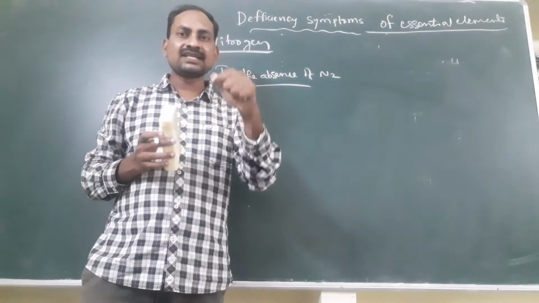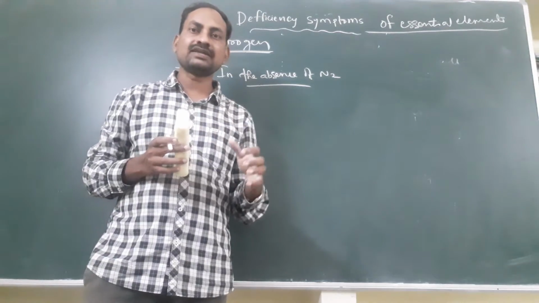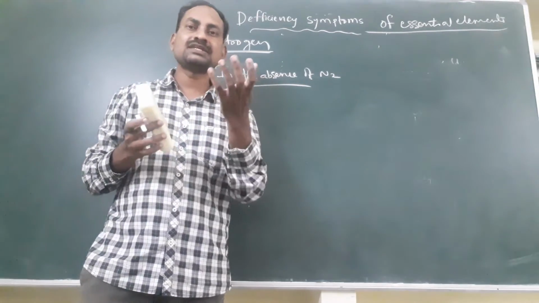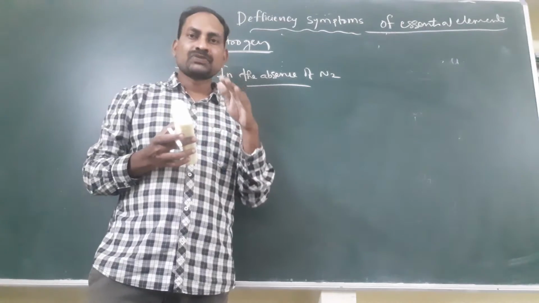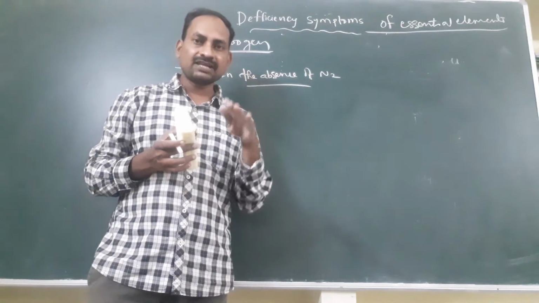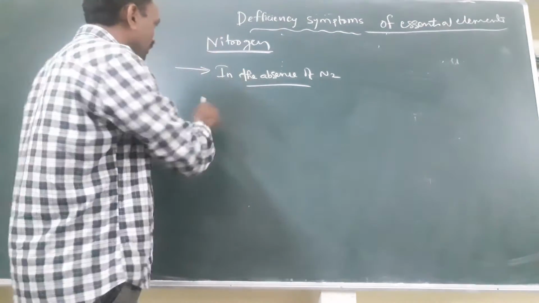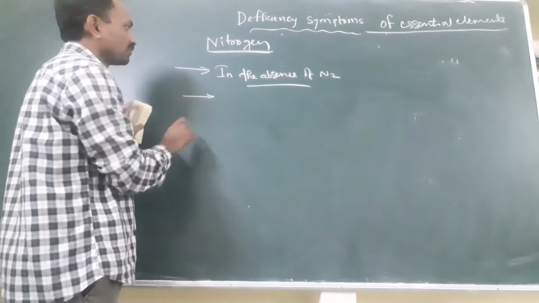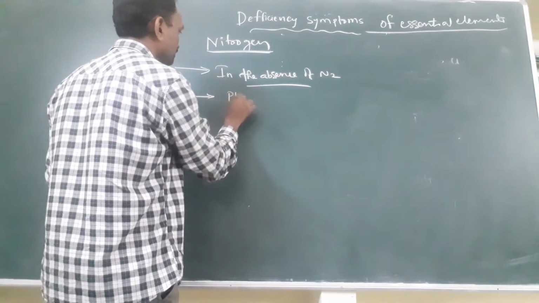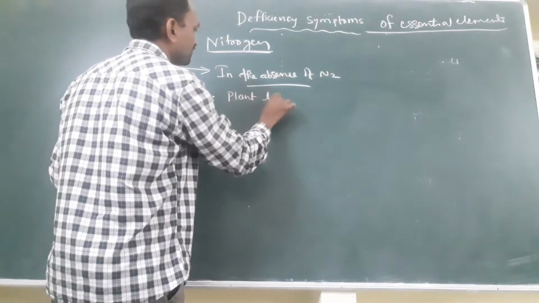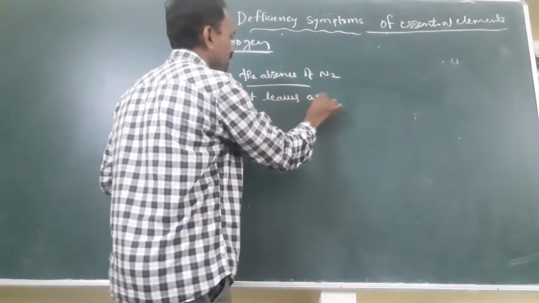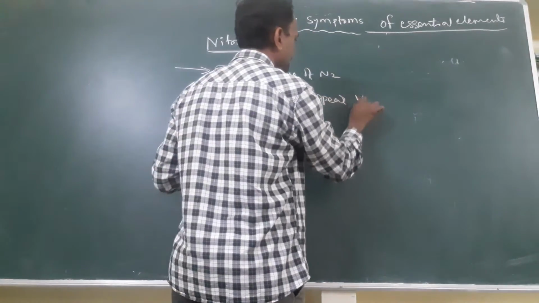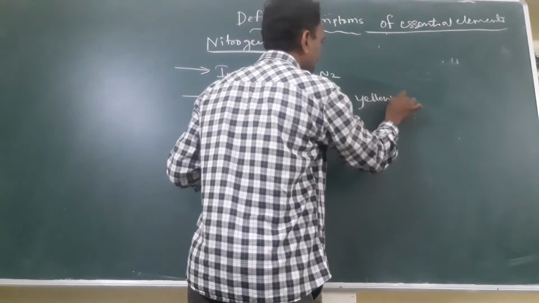But when partial nitrogen is available in the soil, what are the symptoms it produces? When partial nitrogen is available in the soil, plant leaves appear in yellow color.